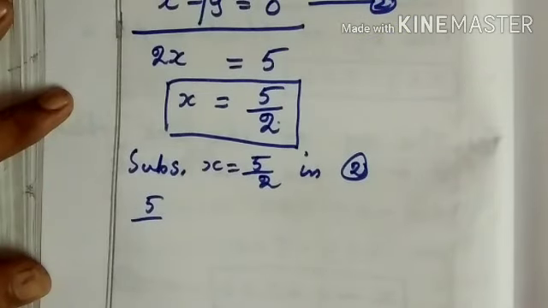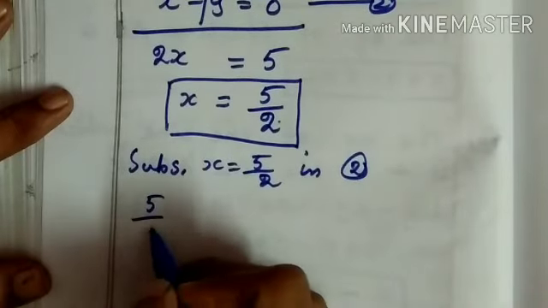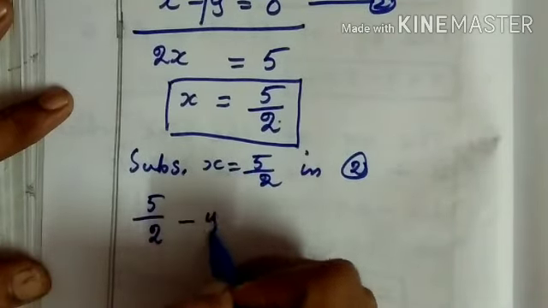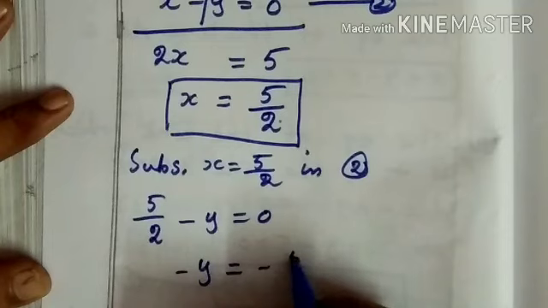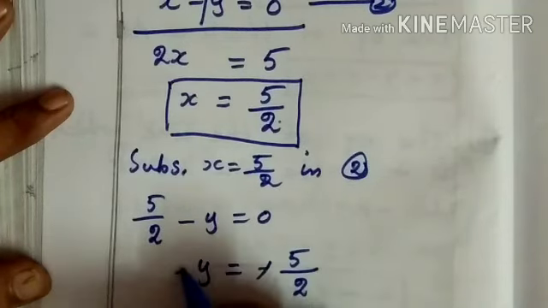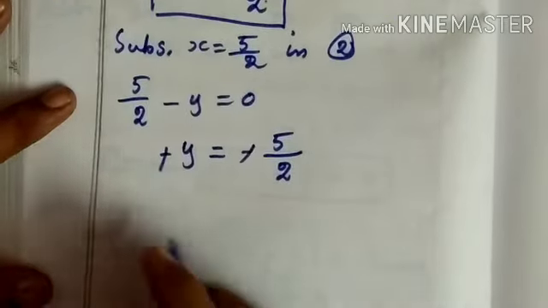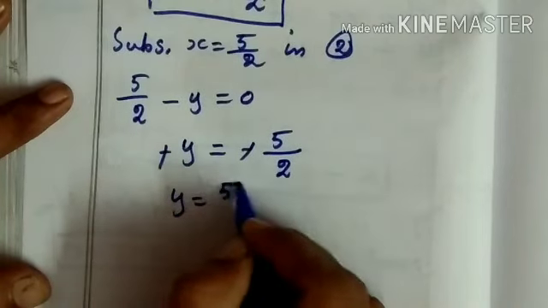Now you have to substitute x is equal to 5 by 2 in the second equation. 5 by 2 minus y is equal to 0. Therefore, minus y is equal to minus 5 by 2. Here minus minus cancel and we get y is equal to 5 by 2.